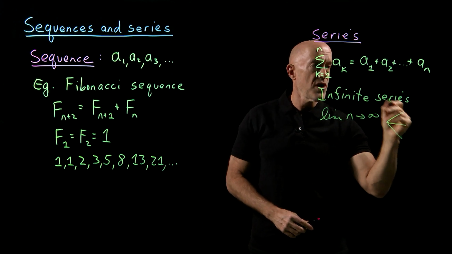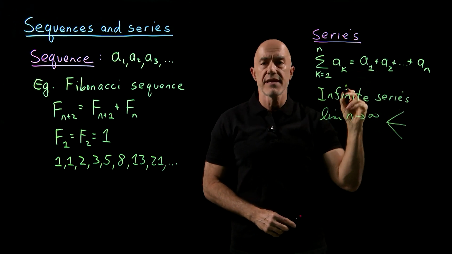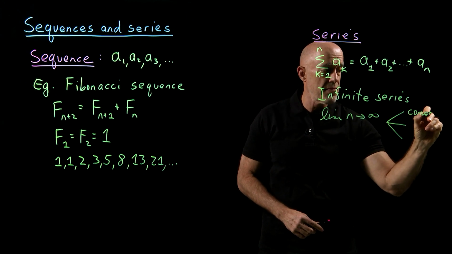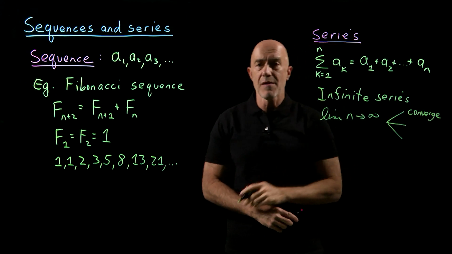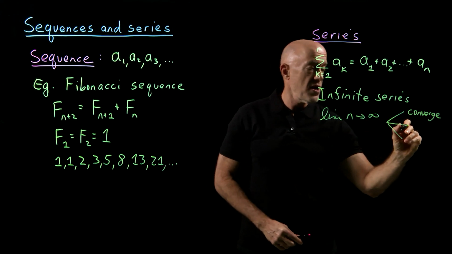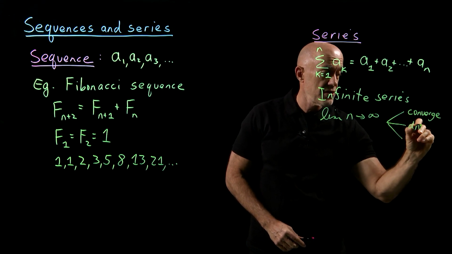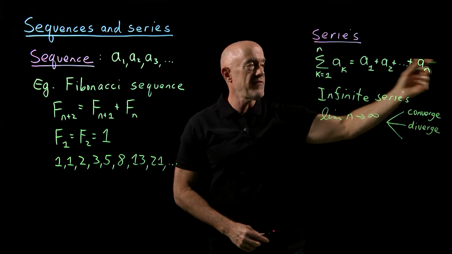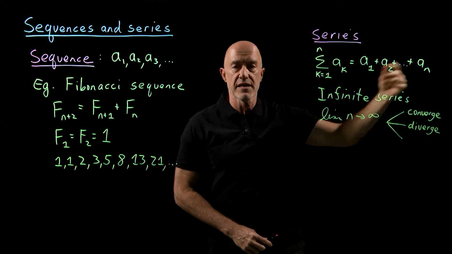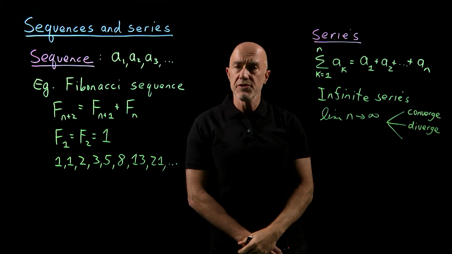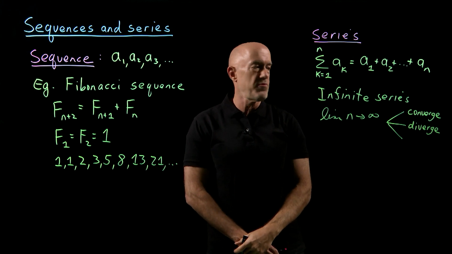The first one is that the series can converge, so then it converges to some number. That's probably the most important case to consider. The other one is that it could diverge, which means that it ends up going to infinity. It keeps growing and growing as you add more a's to it. That also happens, and it's also quite important.